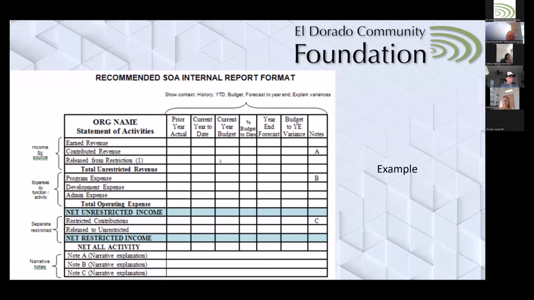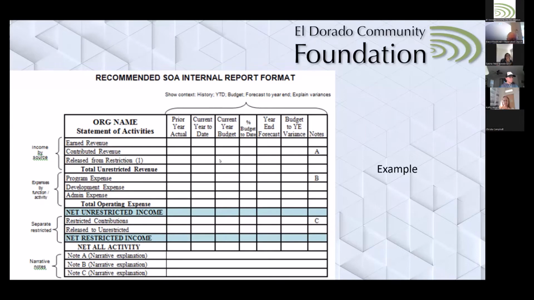And then below would show you your expenses: program expenses, development, admin expenses. I've just categorized them as program, development, and admin, but each expense could have its own GL. For instance, we have meetings and meals, which has its own GL code. We have travel expenses, which has its own GL code.